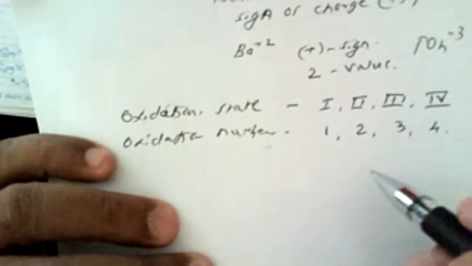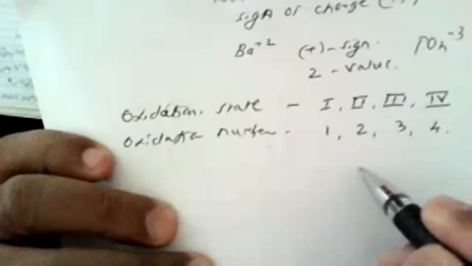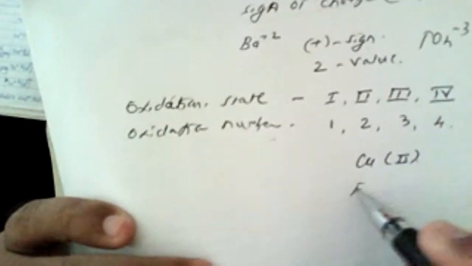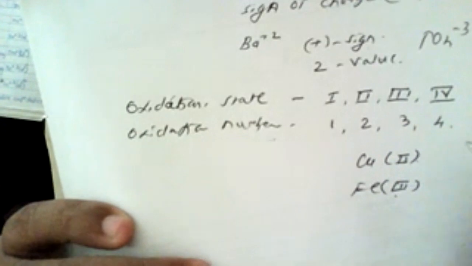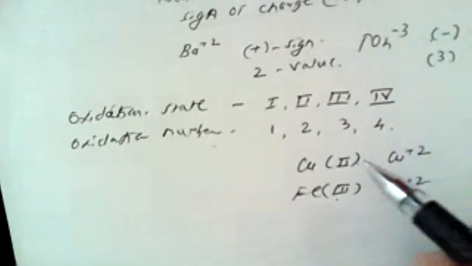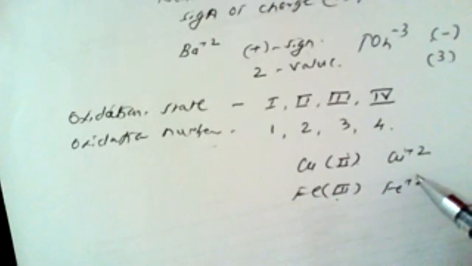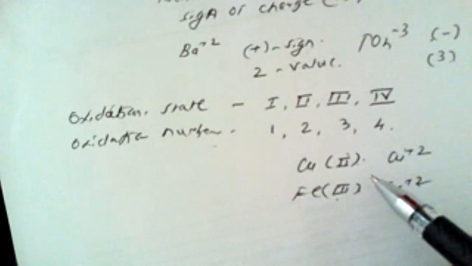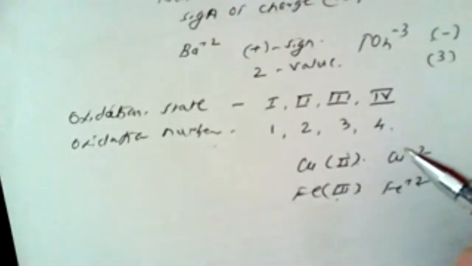For example, if we want to write the copper plus oxidation state, or Fe+3, the same can be written in the form of oxidation number like this. So don't confuse the oxidation state and the oxidation number. Oxidation number means we have to write the numbers, and state is represented with the help of a Roman numeral.